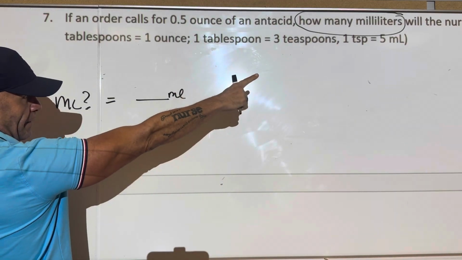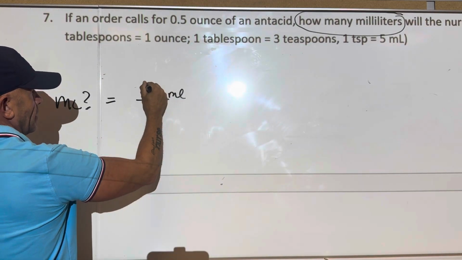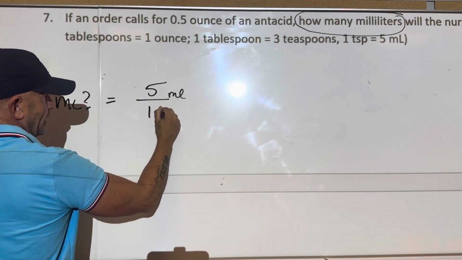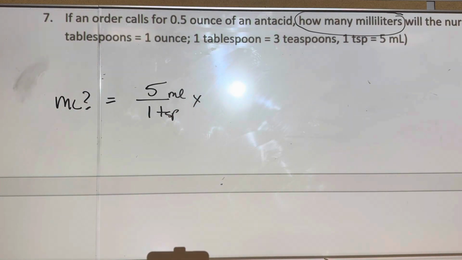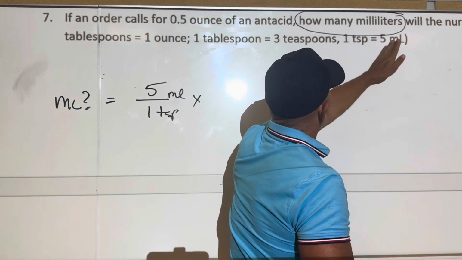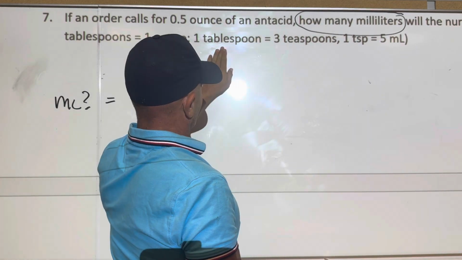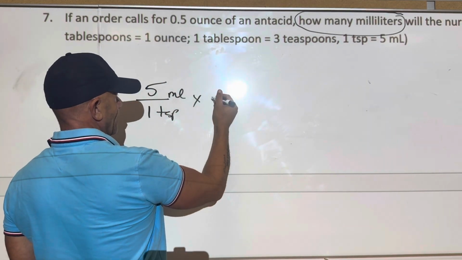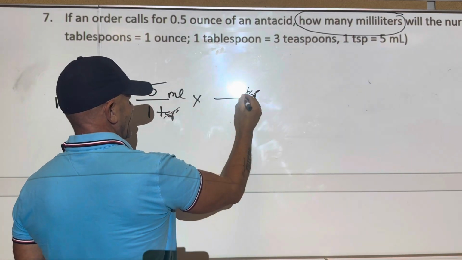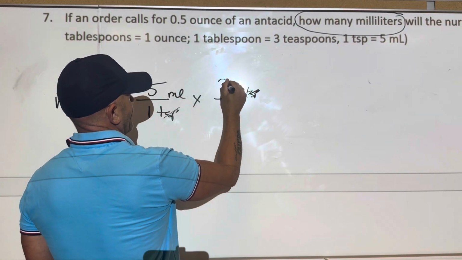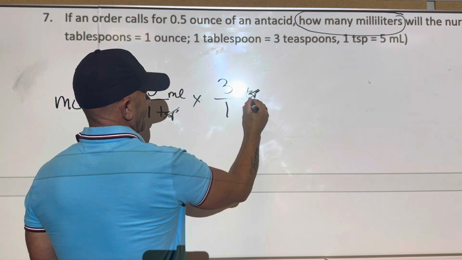And we know they've given us 5 mLs equals 1 teaspoon. Okay, what's our next fraction going to be? Well, working backwards, it gives us 3 teaspoons equals 1 tablespoon. And we know this is going to be teaspoons because it cancels each other out. So we put 3 over 1 tablespoon.